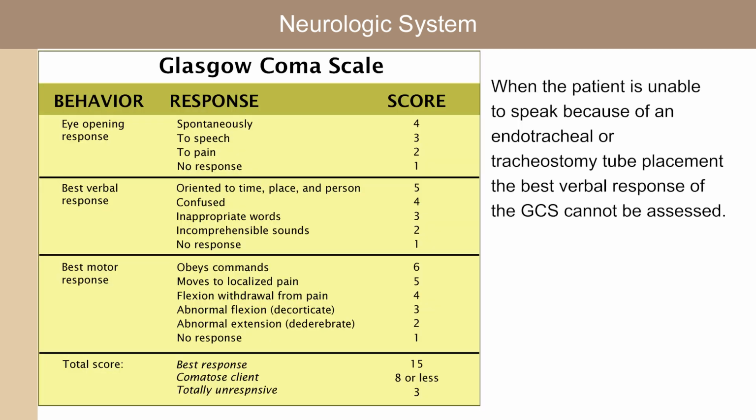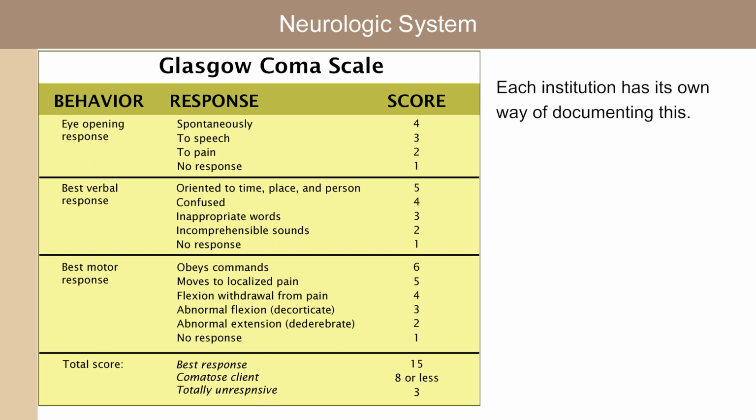When the patient is unable to speak because of an endotracheal or tracheostomy tube placement, the best verbal response of the GCS cannot be assessed. Each institution has its specific way of documenting this.